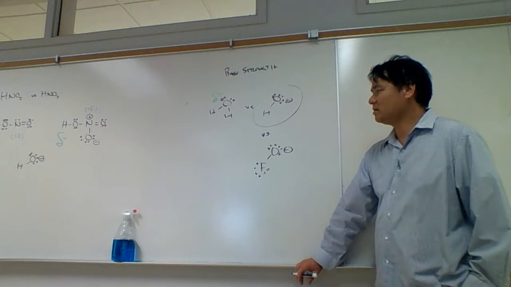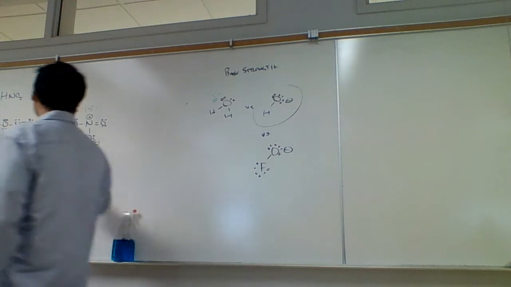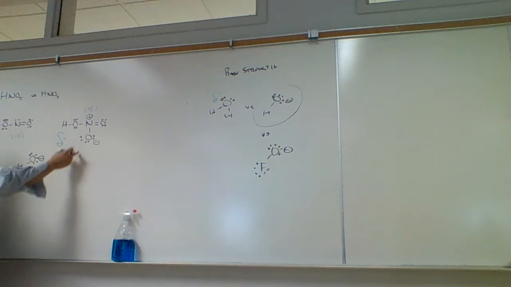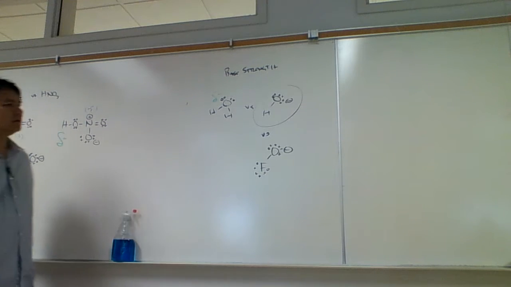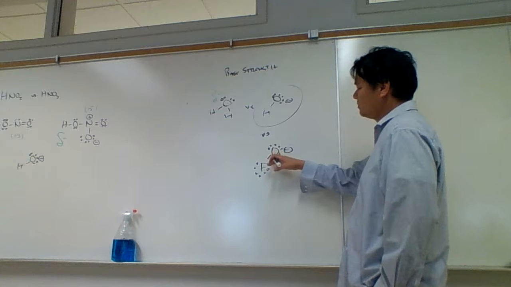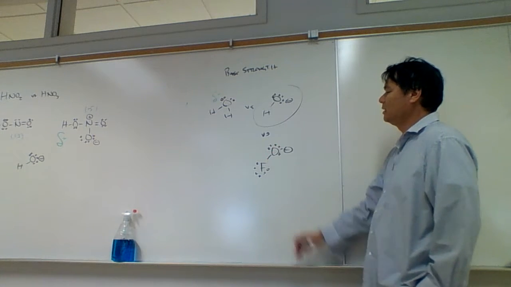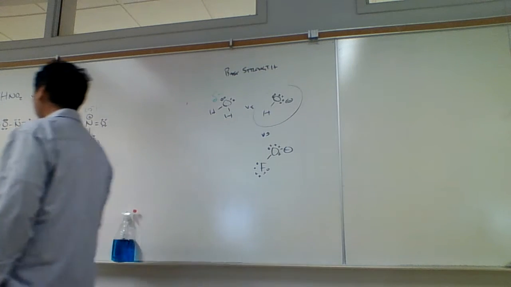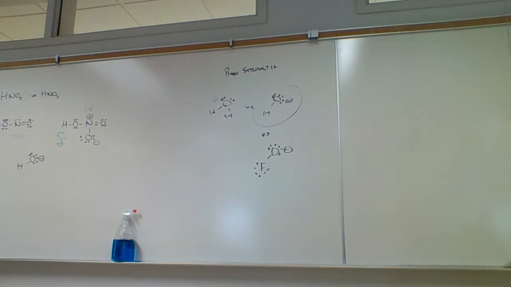We have a name for this. This electron cloud being pulled away towards the more electronegative atoms like this is called the inductive effect. And so here, because of fluorine, some of the electron cloud is being pulled away. That's going to lessen the degree of the negative charge here. And so for the conjugate base, what's going to help in stability is what we call delocalizing the negative charge, delocalizing versus localizing.